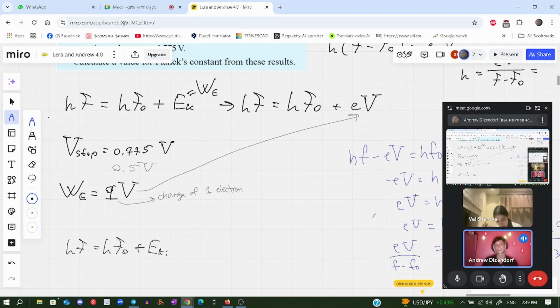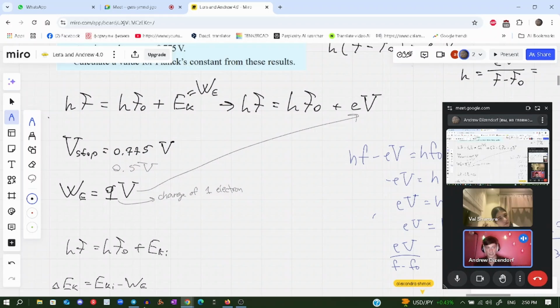If this electric field decelerates them, of course it will change the speed, it will decrease their speed. Okay, delta E kinetic equals what? E kinetic initial minus the work of the electric field, minus eV actually.